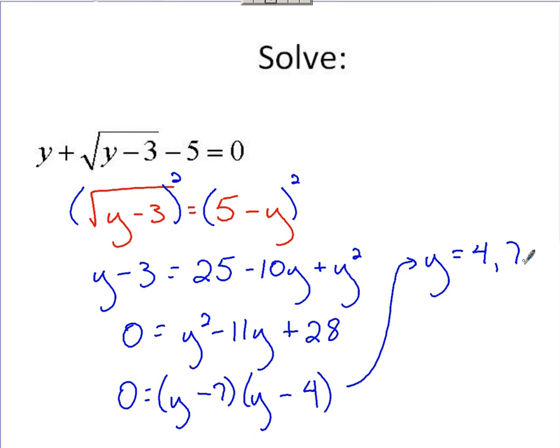Got to check. If you plug the 4 and the 7 back into the equation, do they work? And I can take the square root of 4 minus 3, right? I can take the square root of 7 minus 3. Appears we're good.